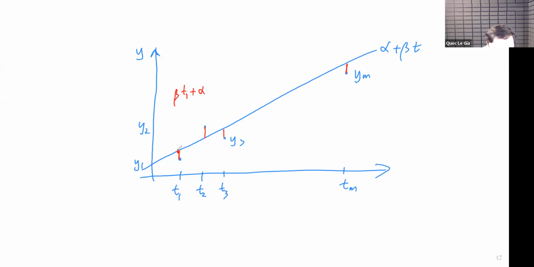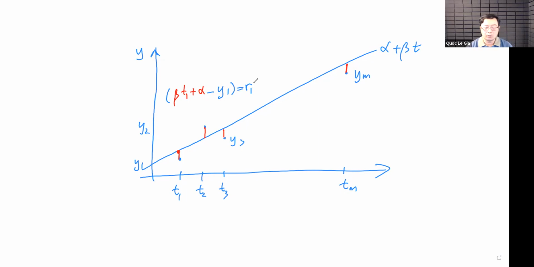And then the blue point is just Y1. So this gives me the first residual, R1. And then similarly you have R2, R3, Rm.